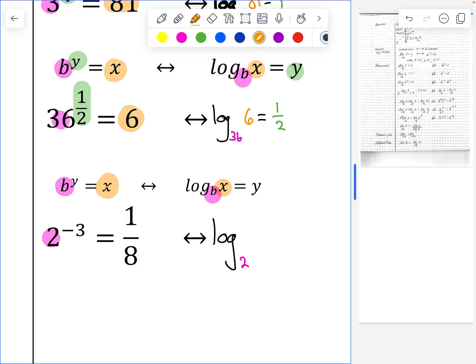Here is x. And here is x. And so 1/8 is going to go here. And then here's the exponential. There's the solution. So that is a -3.